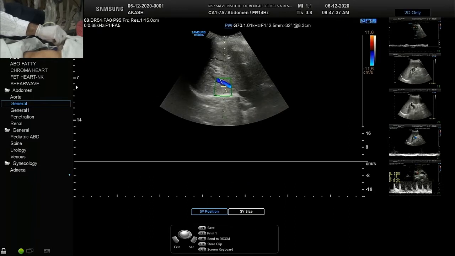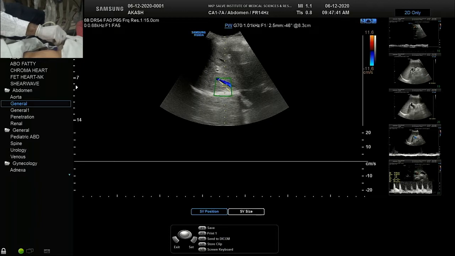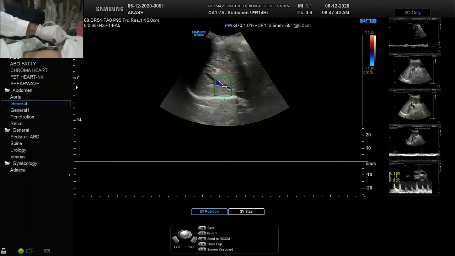We'll check it once more, do angle correction before. That is like doing homework.